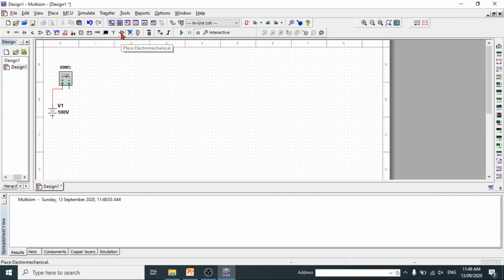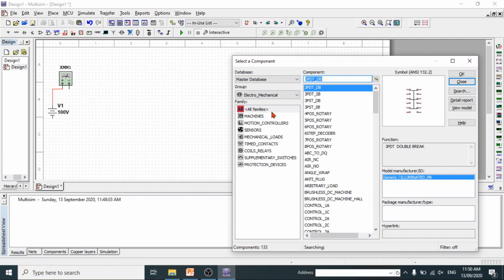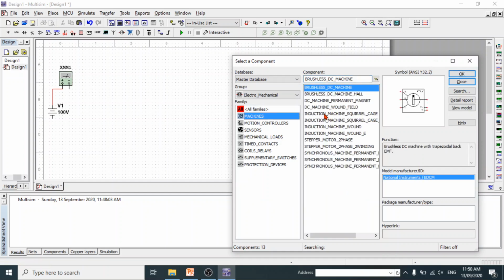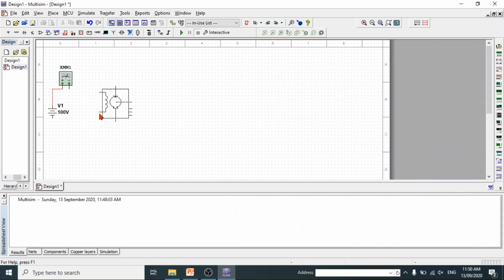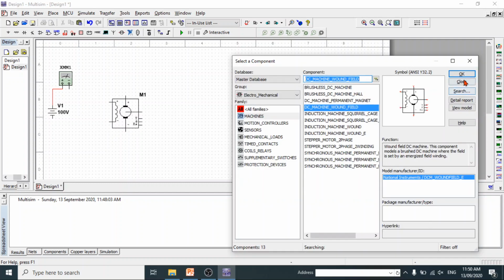To create the DC shunt motor, click the place electromechanical icon, click machines, and then DC wound field, click OK, and place it in the working area. Just like that.